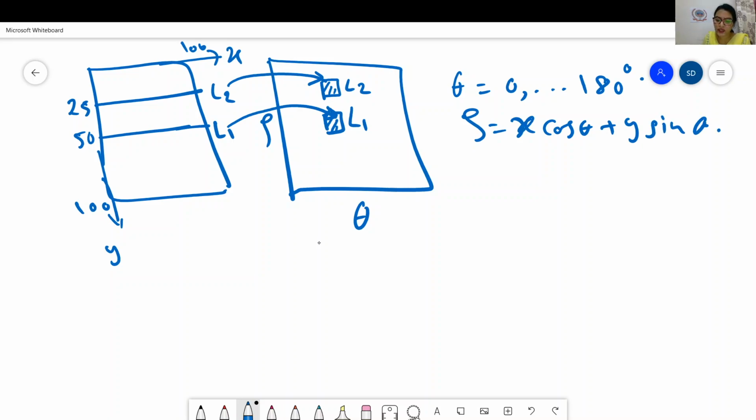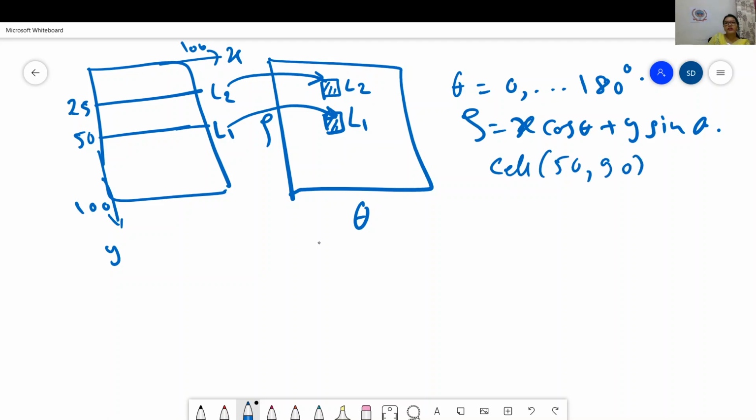For every rho, theta you will increment the accumulator by 1 whenever it hits that particular cell. That is cell 50, 90.